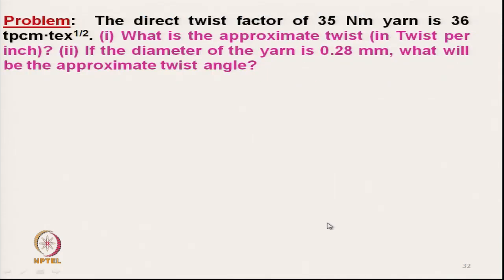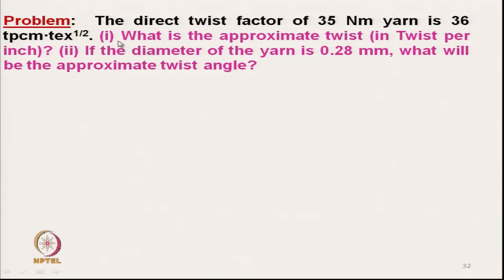Now, next problem: the direct twist factor of a 35 Nm yarn is 36 TPCM tex to the power half. This is the direct twist factor. The yarn count is 35 Nm, but the unit is given in terms of tex, so we have to convert 35 Nm to tex.